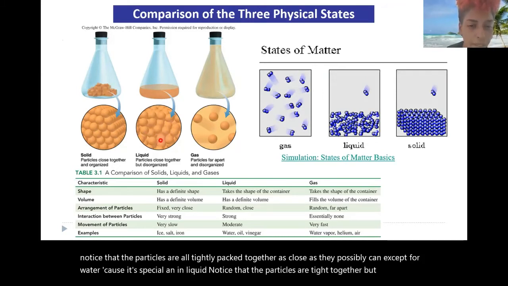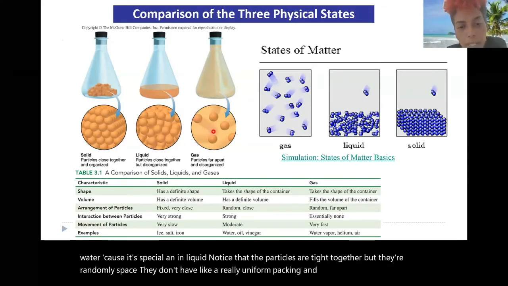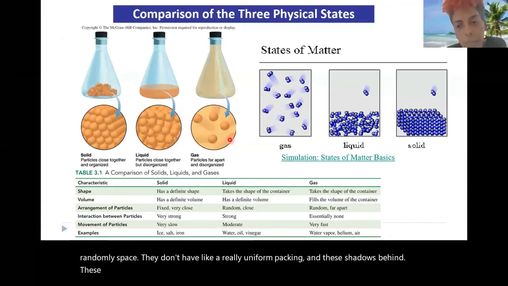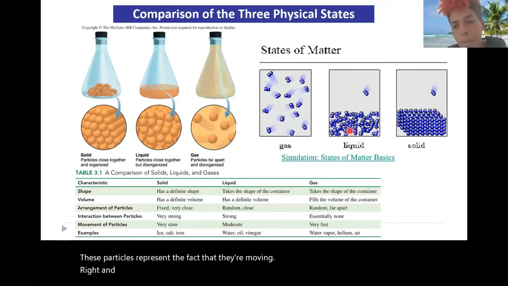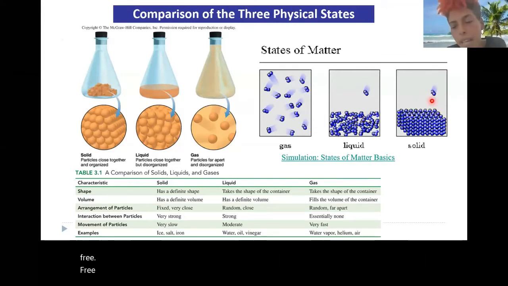They don't have a really uniform packing. And these shadows behind these particles represent the fact that they're moving, right? And notice here in this example of a liquid that we've got one of these particles that broke free from the liquid.